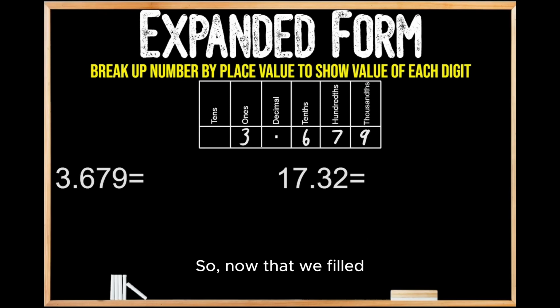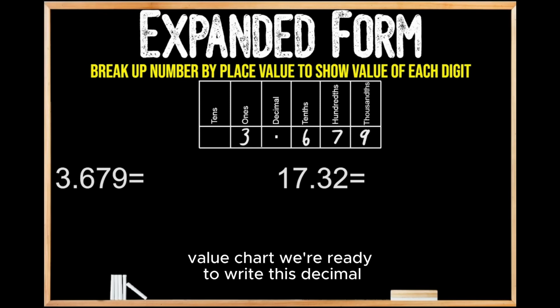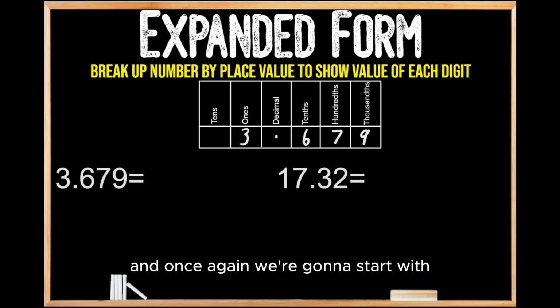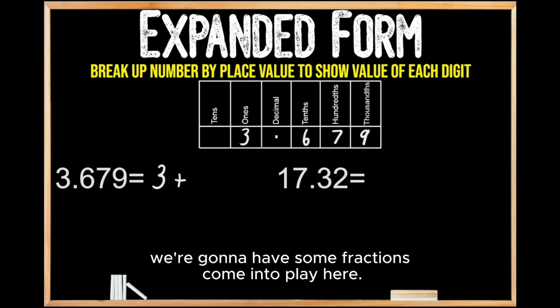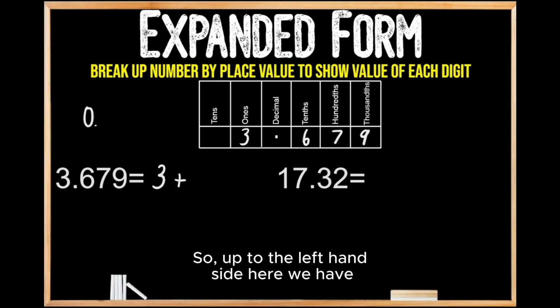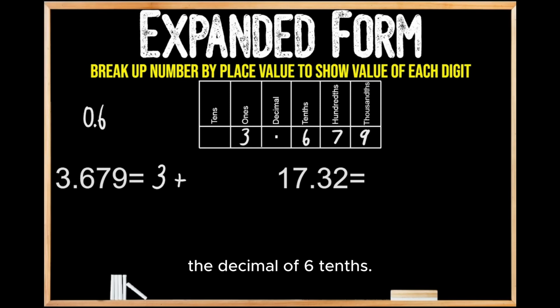So now that we've filled out our place value chart, we're ready to write this decimal in expanded form. And once again, we're going to start with our highest place value. Well, we have a 3 in our ones place, so we're going to write our 3, and then we're going to move on to our tenths place. Well, this is where we're going to have some fractions come into play here. So up to the left-hand side here, we have the decimal of 6 tenths.